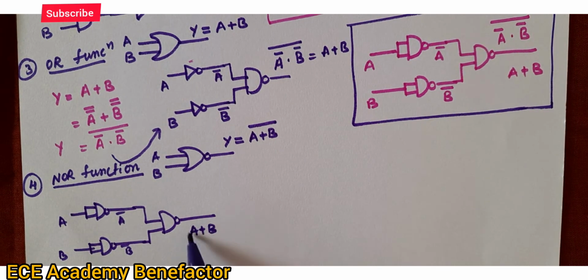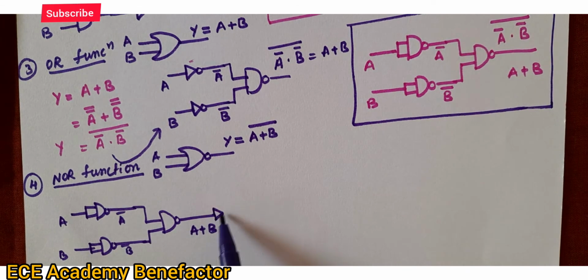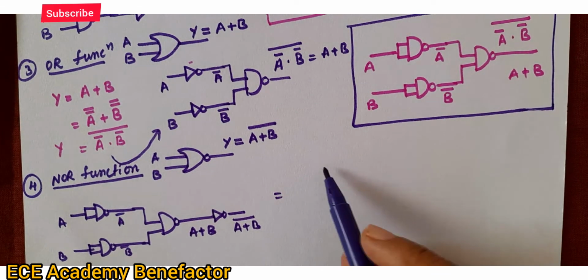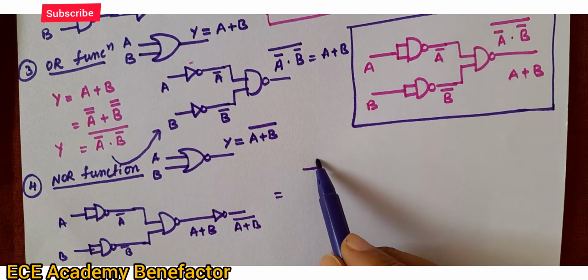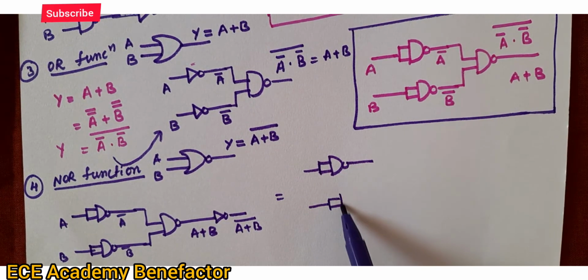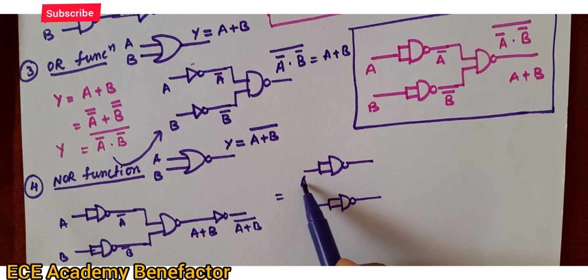Now to get the bar to it, we put a NOT gate, that is A plus B the whole bar we get. Which can be drawn as A bar, B bar.